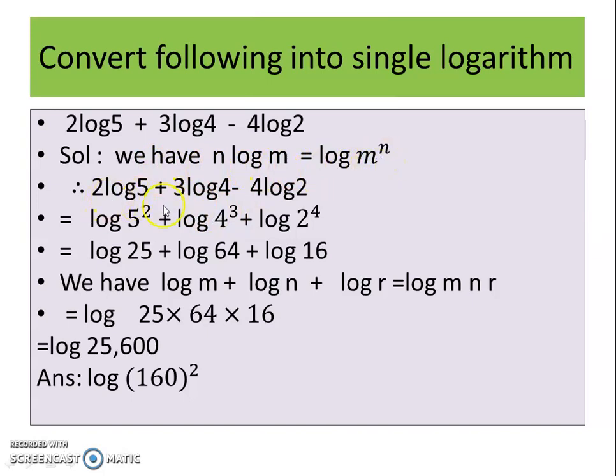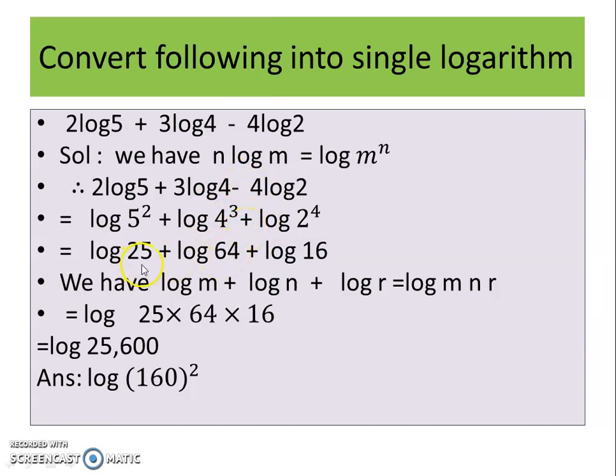We have 2 log 5 plus 3 log 4 minus 4 log 2. n log m is equal to log m raised to n. Use the m raised to n concept. So 2 log 5 goes to 5 raised to 2, 3 log 4 goes to 4 raised to 3 and 4 log 2 goes to 2 raised to 4. Here we have to mention that a plus symbol is there.